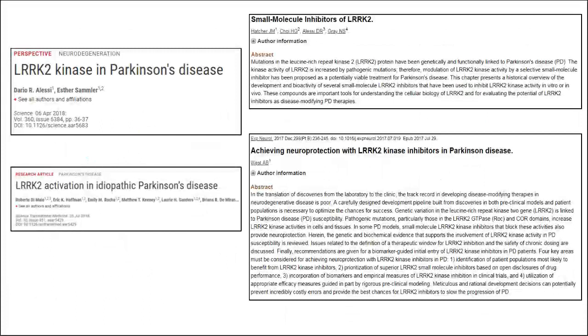So I think I'm running out of time, and the reason this is so interesting is because over the last probably 2-3 years, there's been this immense increase in the interest of LRRK2 kinase inhibitors in Parkinson's disease, and this interest is only going to keep growing, we hope, and we feel that we're on the right track.